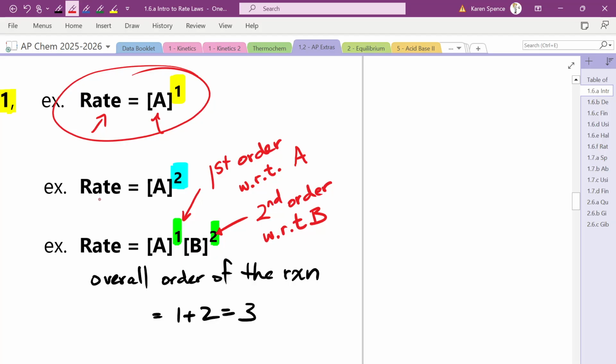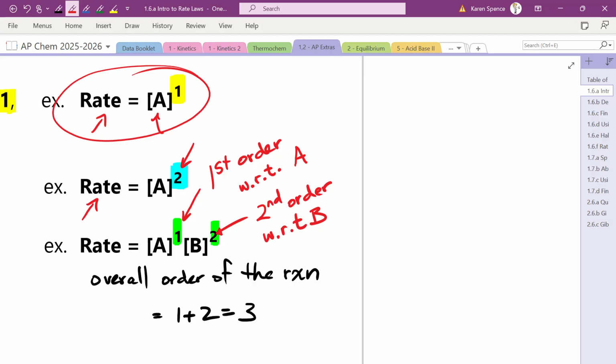But if you have a second order equation and you have rate is equal to the concentration of A squared, that means that as the concentration of A doubles, the rate is going to times by 4, 2 squared. Yeah?